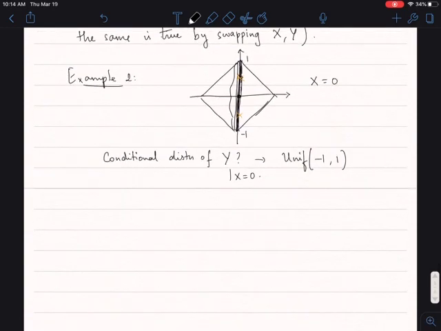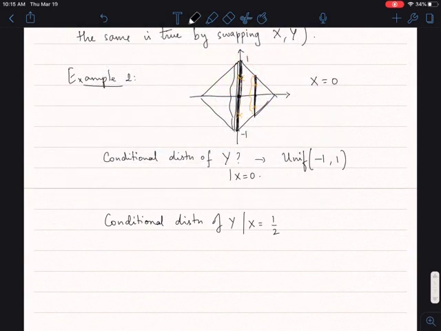Now, what if I condition on x equals, let's say, a half, and look at the distribution of y? So x equals half is somewhere over here. Conditioning on x equals half means that the point you're picking is somewhere on this line, and we know that every point on this line is equally likely.